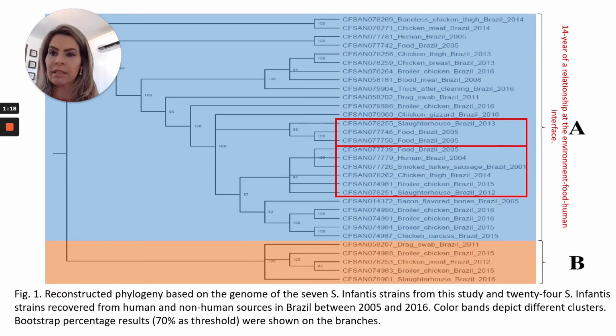In the phylogenetic analysis of Salmonella Infantis, we observed two clusters. Our strains grouped in the first cluster, cluster A, with other strains isolated later in the country, suggesting a 40 year relationship at the environment-food-human interface for these strains in Brazil.